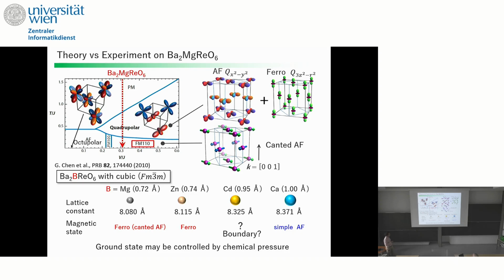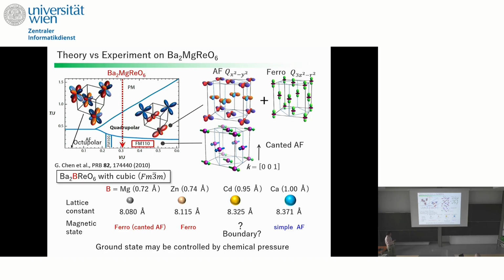First we think about the chemical pressure effect. Here I listed barium 2B rhenium O6 with different B cations. By changing the ionic radius of B cations, which are of course isoelectronic and also isostructural at room temperature, we can control the lattice constant, which should tune some interaction between them.